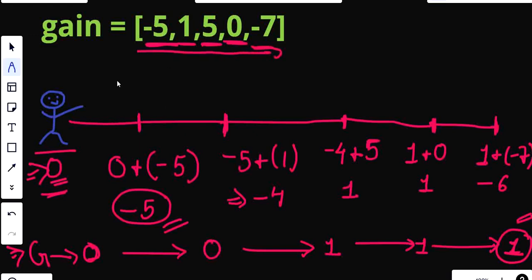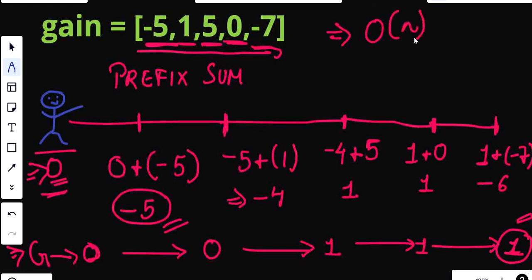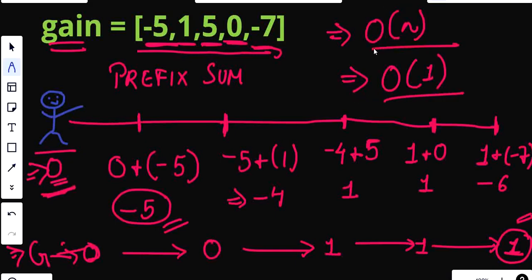So this was a prefix sum type question, and we solved it with time complexity O(n), where n is the length of the gain array, and space complexity O(1) because we haven't used any data structure. We are using only two variables.